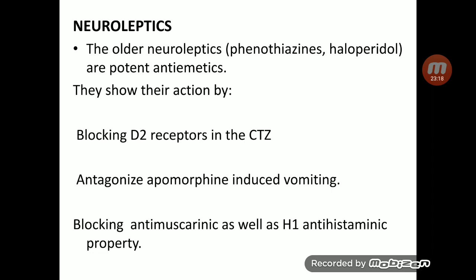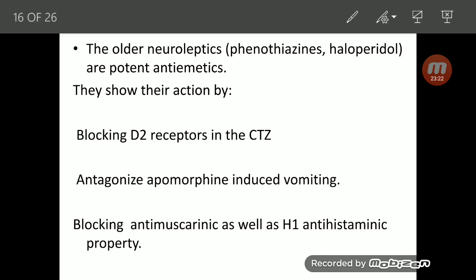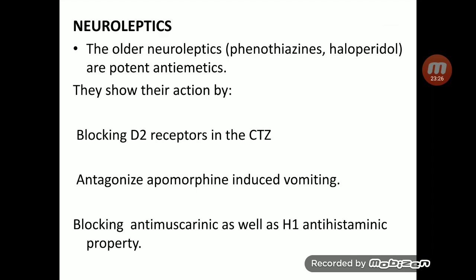Next comes your neuroleptics. Neuroleptics are generally used for the treatment of psychosis. Now the older neuroleptics such as phenothiazine and haloperidol are potent antiemetics as well.